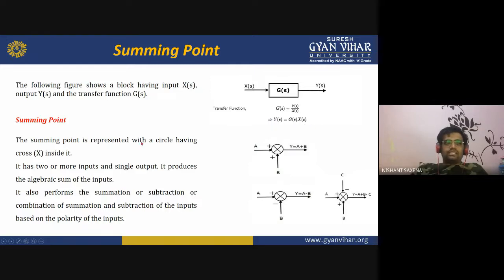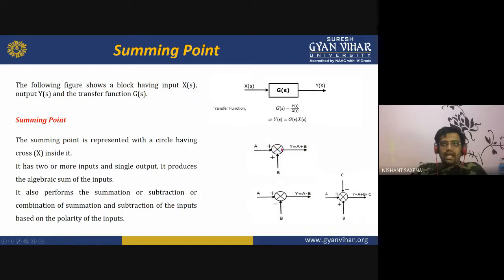Now let's discuss another important element, that is the summing point. The summing point is represented by a circle having a cross inside it. Why do we have a cross? Because the cross divides the complete circle into four sections.